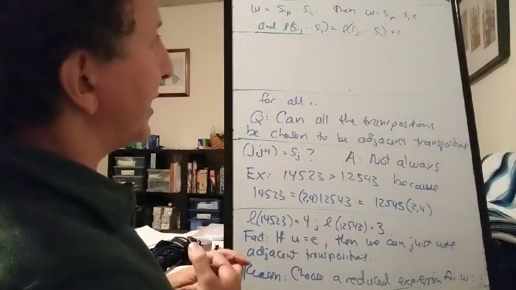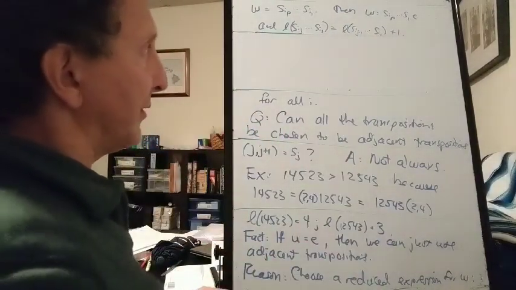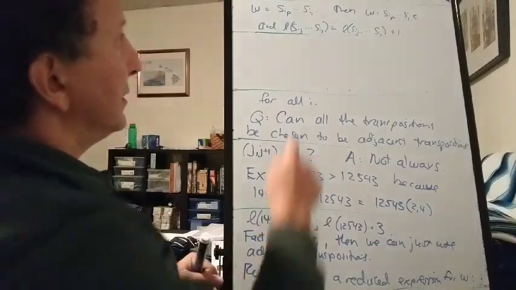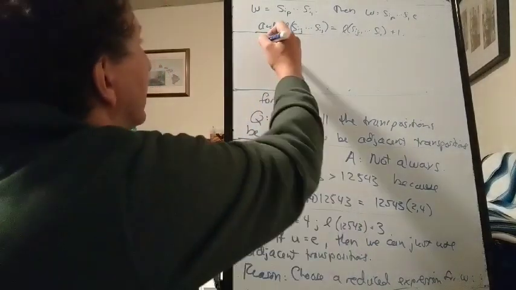And we actually can define a slightly different poset on the symmetric group called the weak order using these adjacent transpositions.